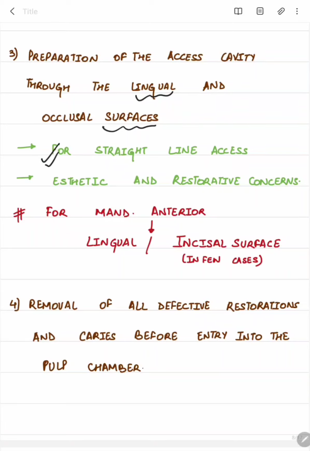And for the aesthetic and restorative concerns. For mandibular anteriors, we are supposed to access through the lingual surface, but in few cases, incisal surface is recommended, right? Now, the fourth one is removal of all the defective restorations and caries before entry into the pulp chamber, so as to avoid the procedural errors.